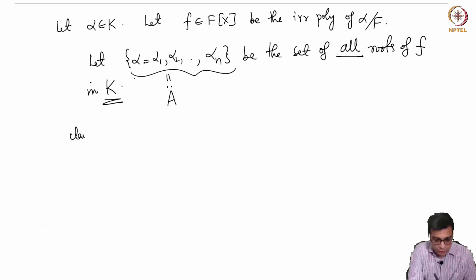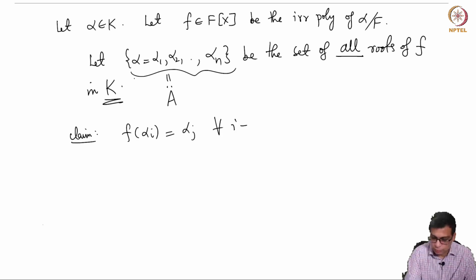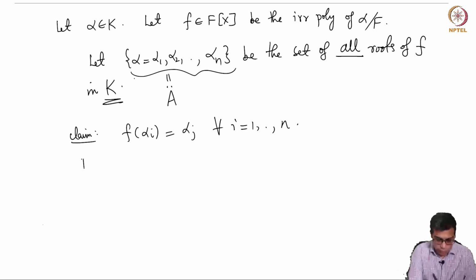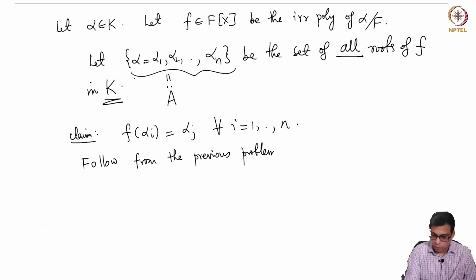Now I claim that σ of alpha_i is equal to alpha_j for some j, for all i. This is by the previous exercise. Right, that is the point.